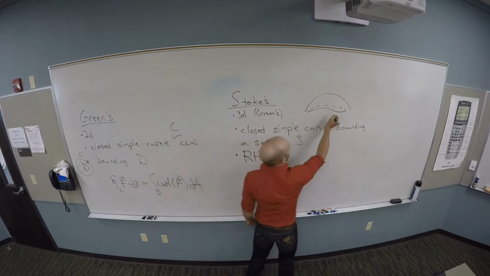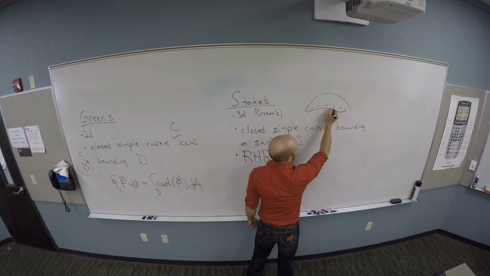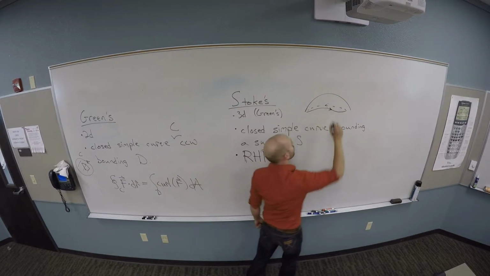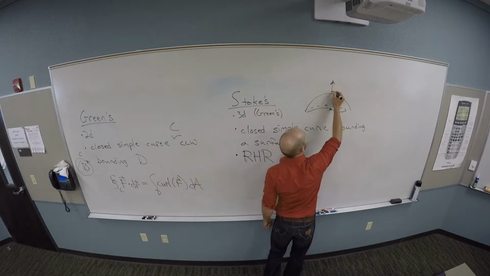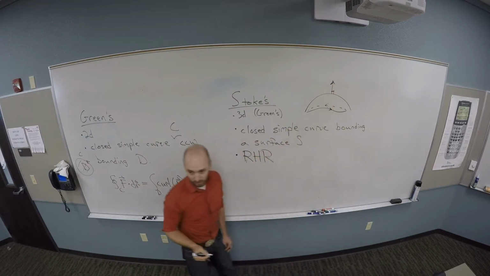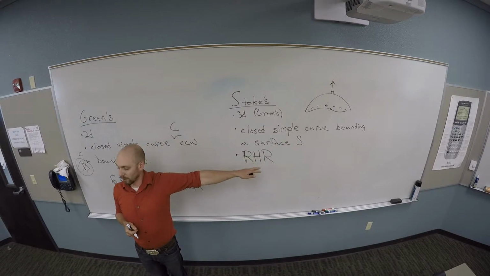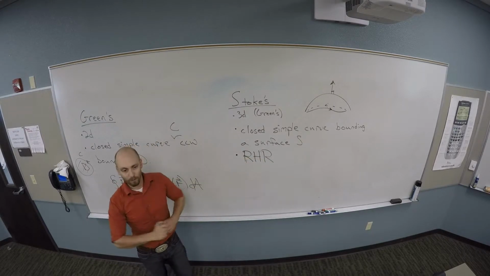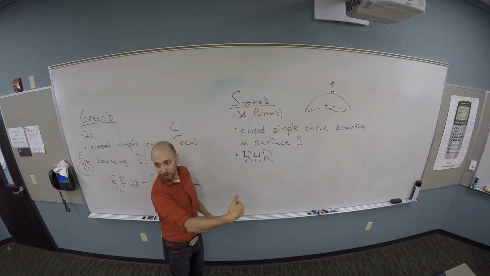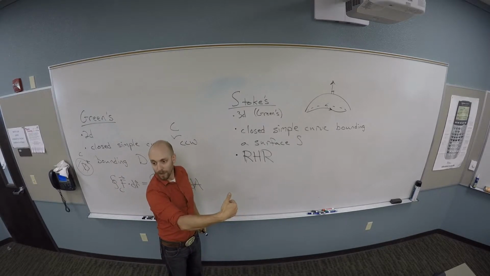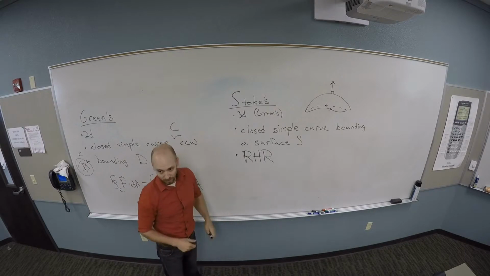So I need the orientation on the curve to match the orientation on the surface, right hand rule. If I was walking along it, my left hand would be over the surface, or if I wrapped the fingers on my right hand through the bounding curve, my thumb would point in the orientation of the surface.